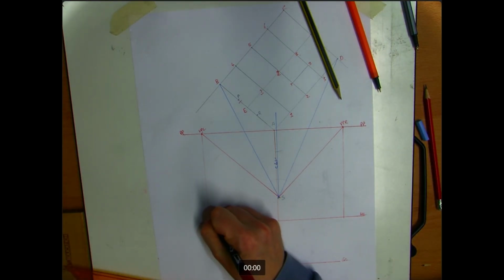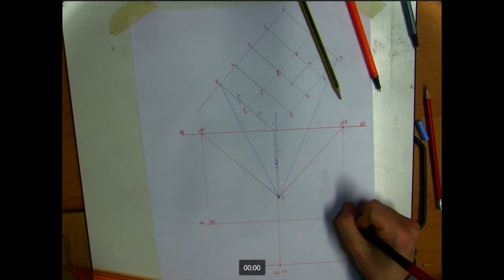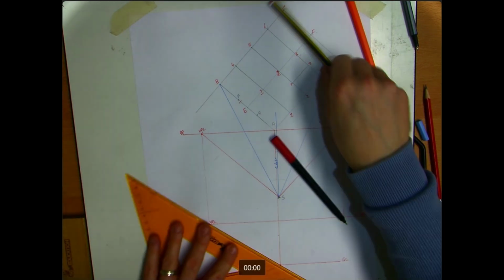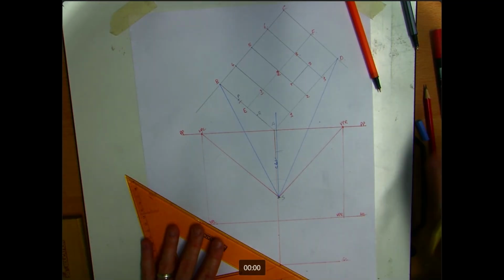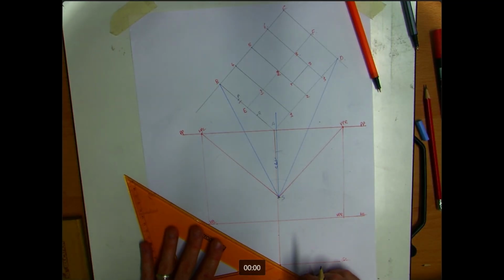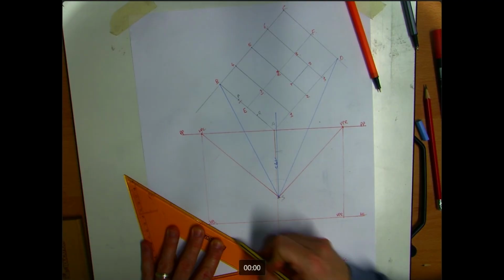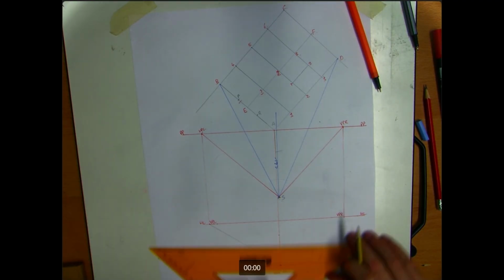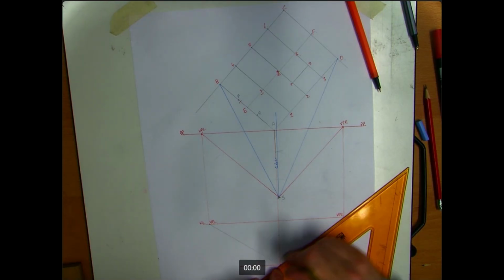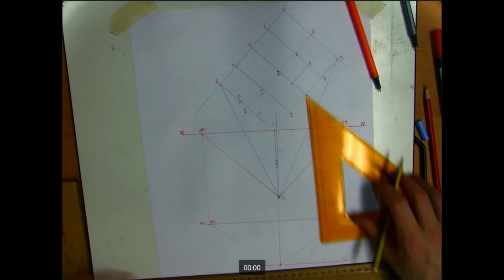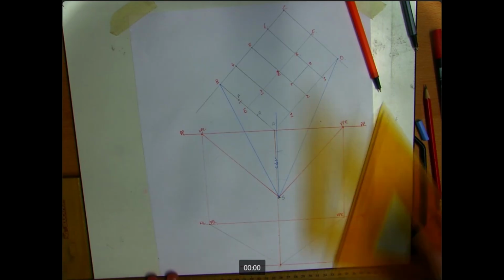Level up. VPL. VPR. My two ground lines.